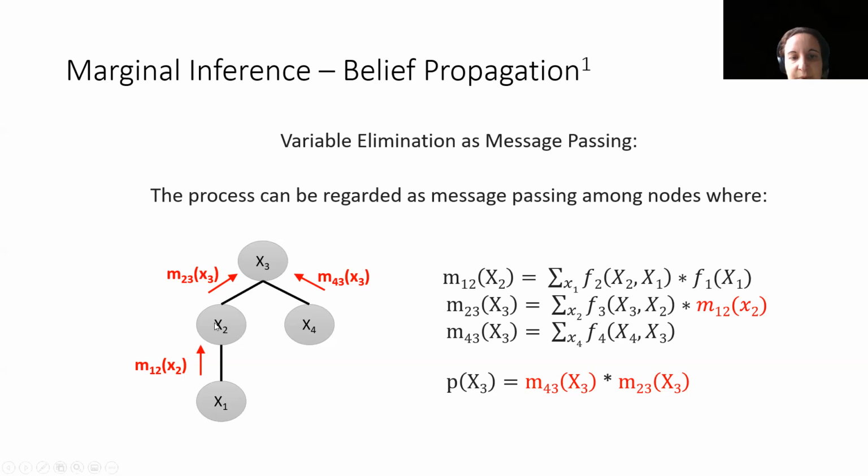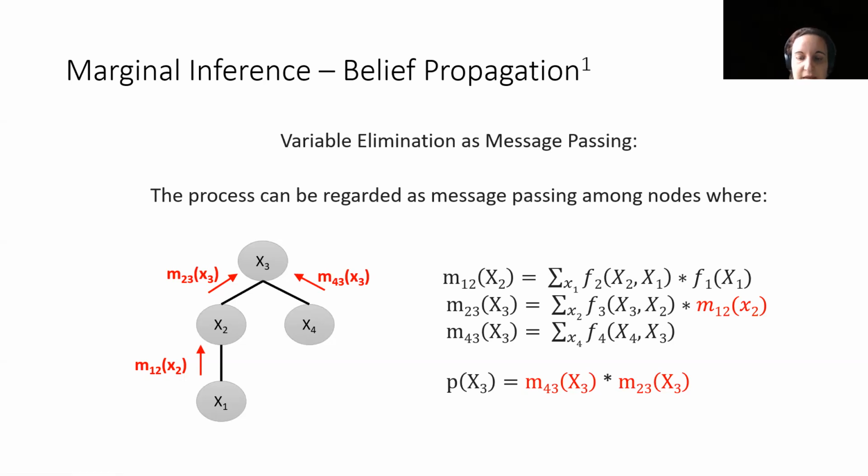Yes, we want to see first what is, we start with x1, and then the next one that we're going to visit is x2. So we want to see what is the part of the formula that we have computed up to x2, and that's going to be the part of the formula that has x1, which is f1 of x1, and the part of the formula that has x2 and x1, and that's going to be f2 of x2, x1.